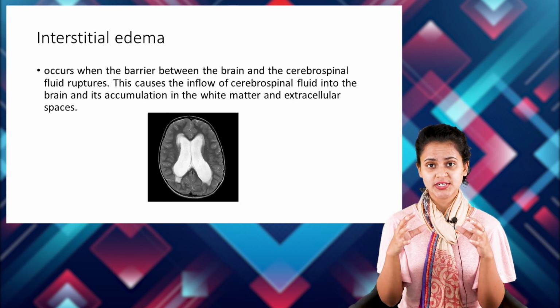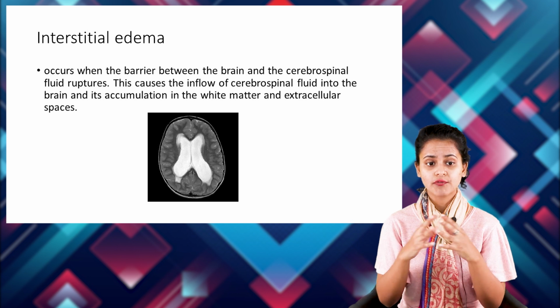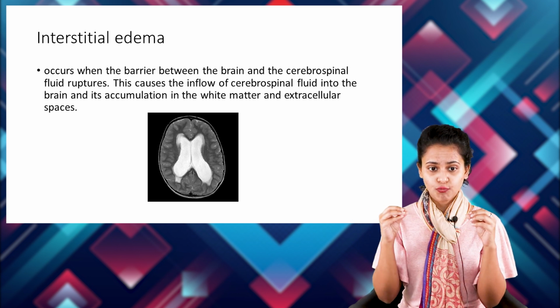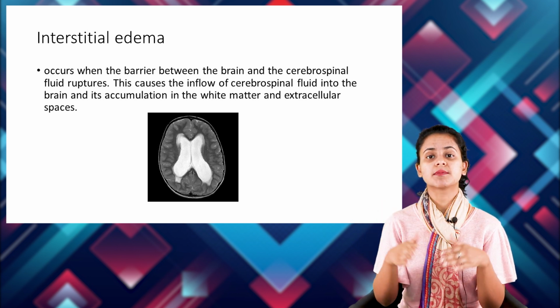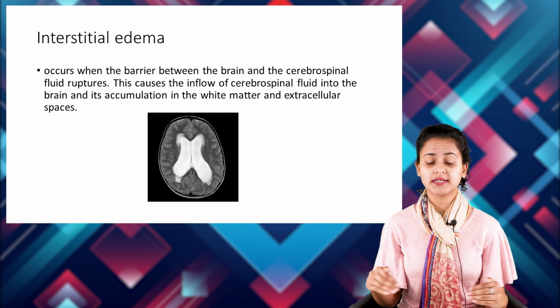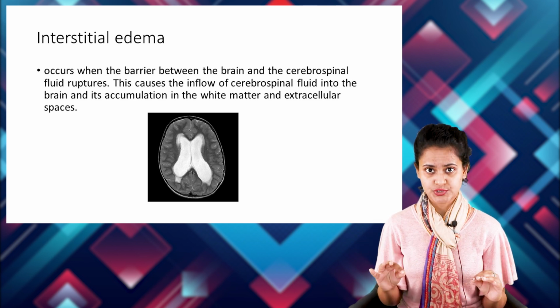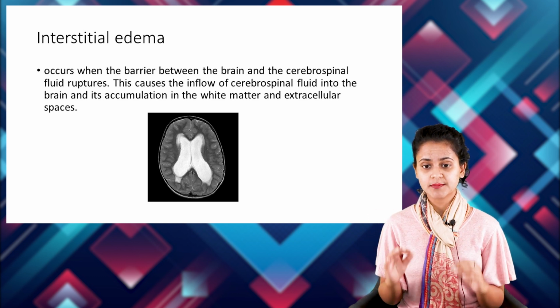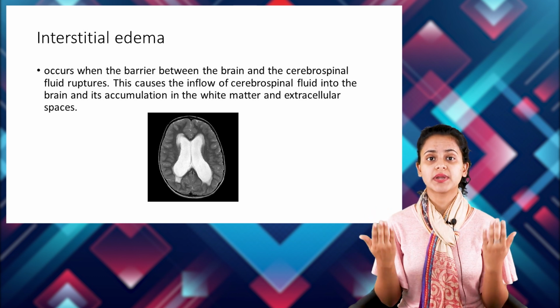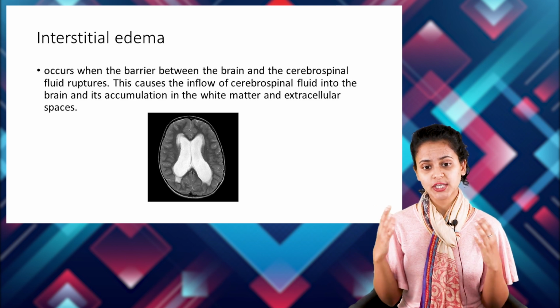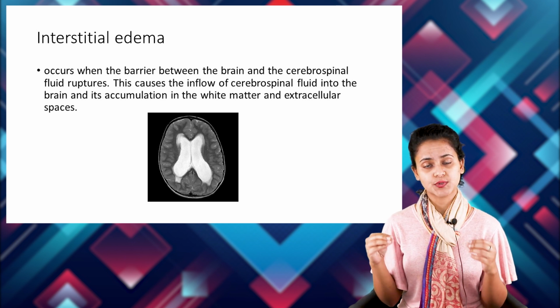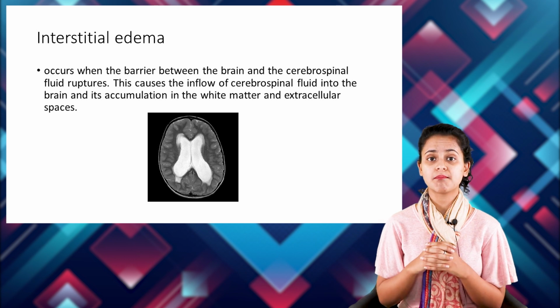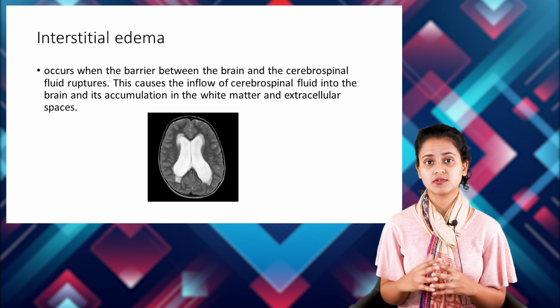Now, interstitial edema of the cerebrum occurs when the barrier between the brain and the cerebrospinal fluid is ruptured. This increases the inflow of cerebrospinal fluid into the brain, causing accumulation of cerebrospinal fluid in the white matter and the extracellular spaces.